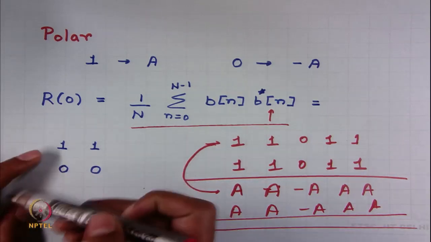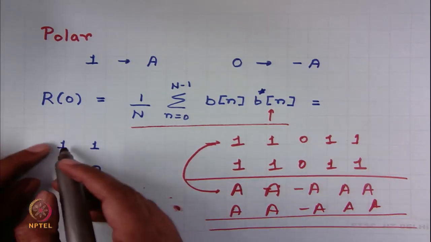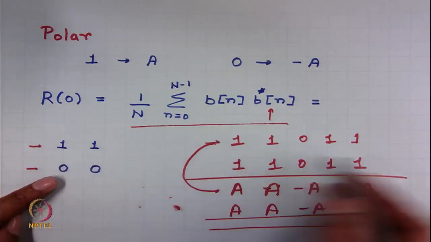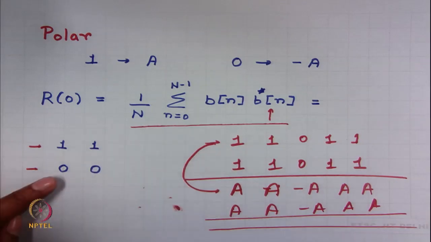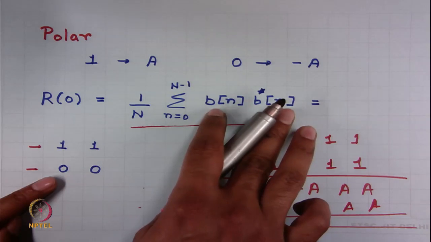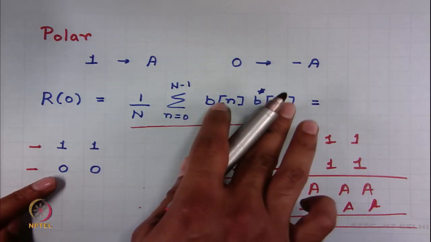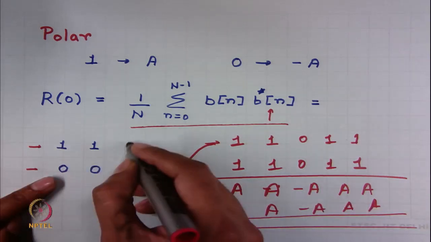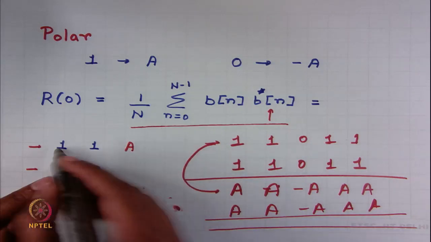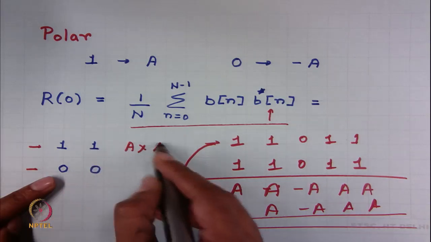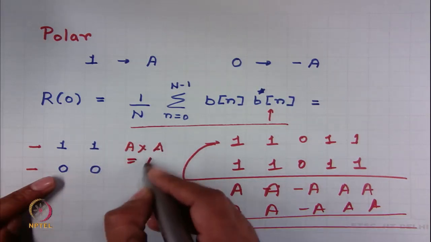So, I can have two situations: either I will have 1 or I will have 0. If I have 1 in this sequence, in the next sequence also I am going to have 1. If I want to find out the result of this multiplication, here I am multiplying the numbers associated with these binary digits. If I associate A to 1, this one will also be mapped to A, so I will have A squared.